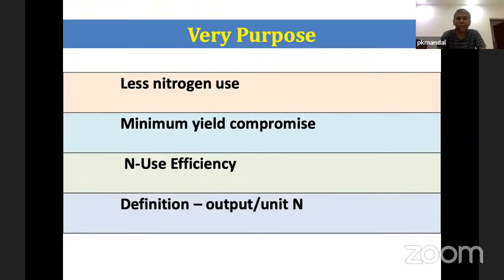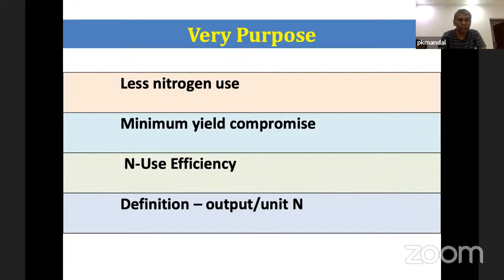For that, we have to increase the nitrogen use efficiency of the plant. What is the definition? Output by input of nitrogen. The output in the case of cereal crops, because you have seen rice and wheat, which take the maximum amount of nitrogen, means how much grain, how much yield you are getting per unit of nitrogen, per kg of nitrogen applied.